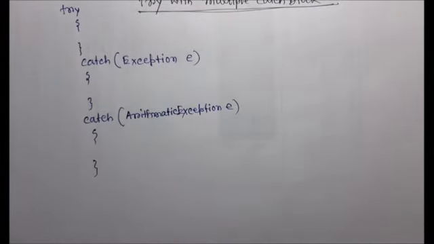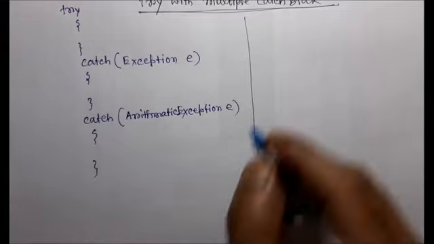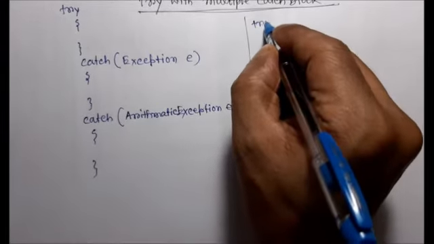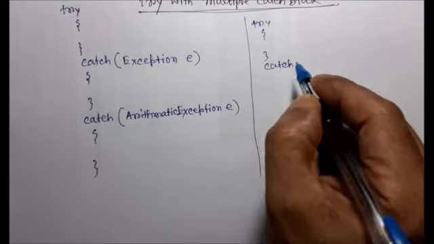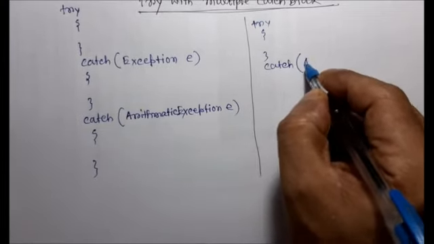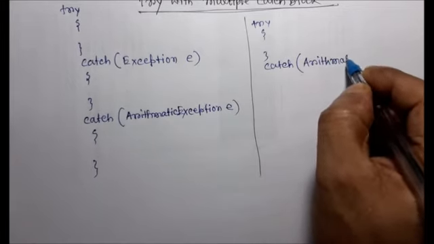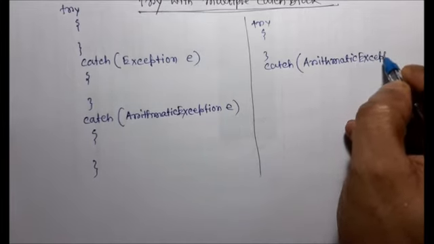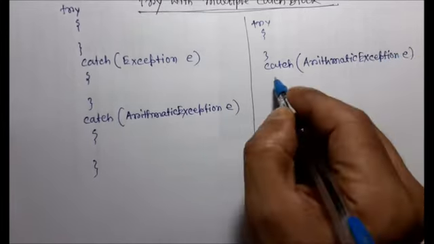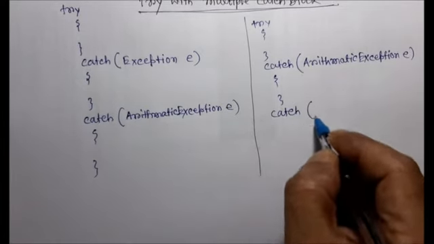So that is one of the possible combinations of multiple catch blocks. Take another combination: try, then I write a catch block, but first we write the ArithmeticException e, and then I have taken another catch block with Exception e.